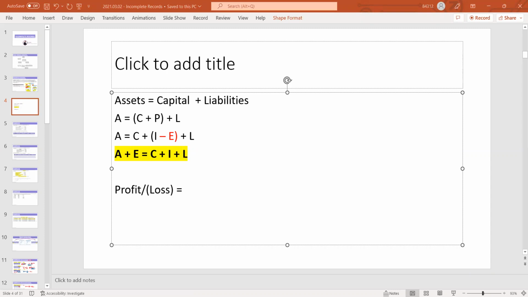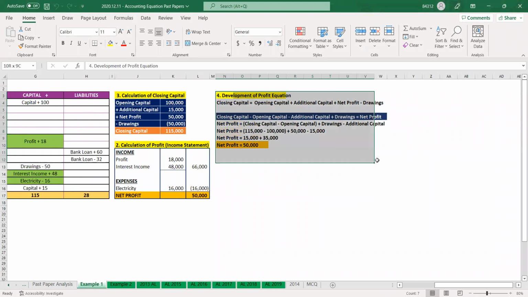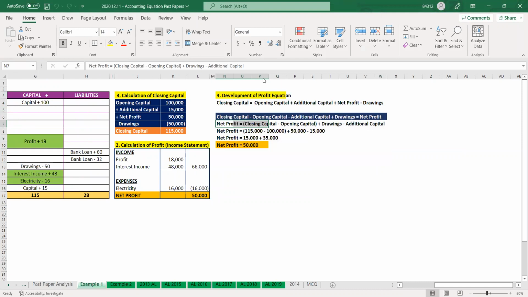Profit equation using capital. Right. I'll show you how to get it. So this is how we develop the profit equation. Net profit equals, yes, correct, closing capital minus opening capital.